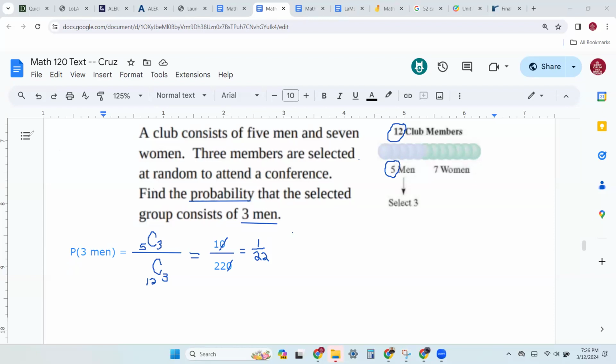So let's say we want to round this to hundredths. Well, how would we do that?